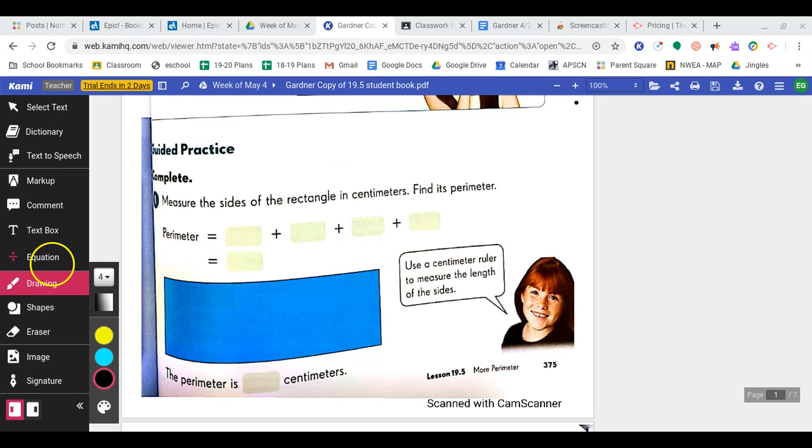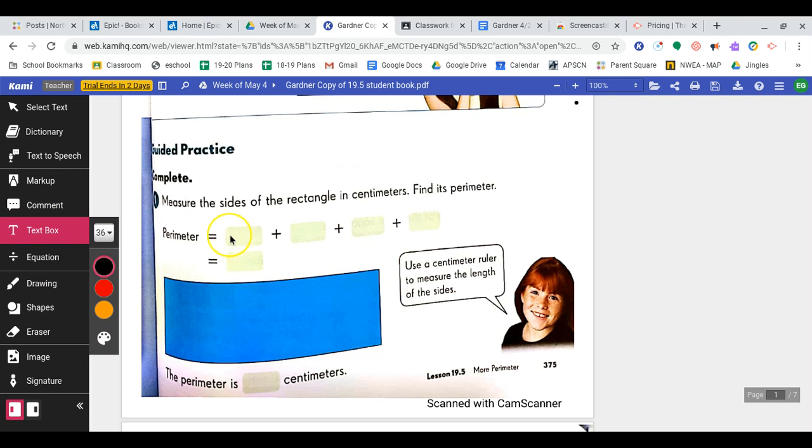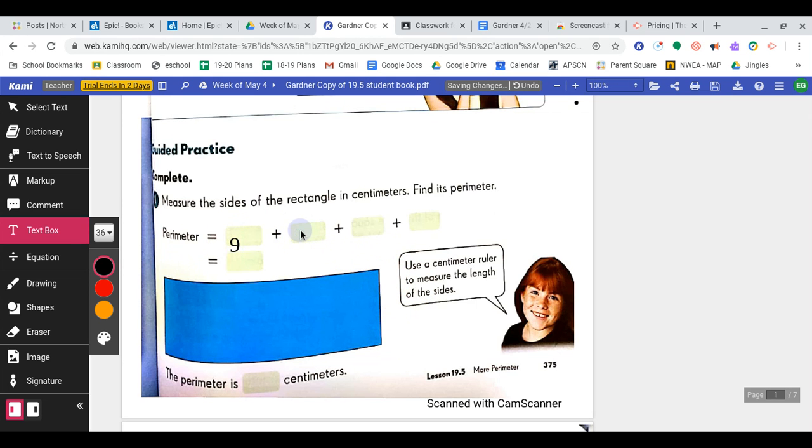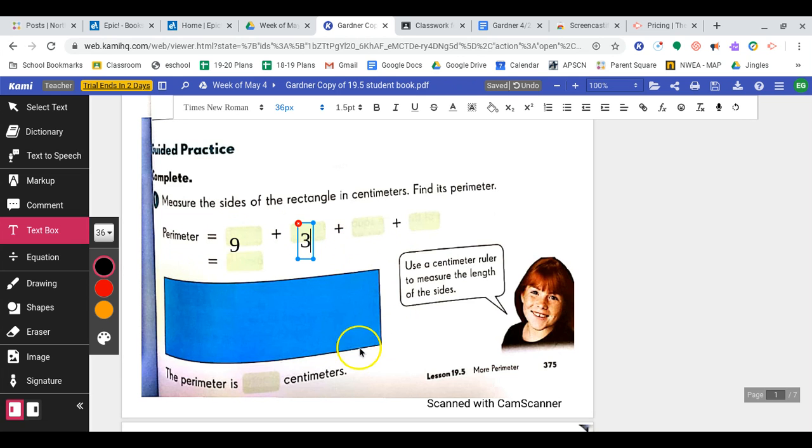Okay, so I'll go ahead and write it in. Hopefully you do have some way to measure though. The first side, the long side here, is 9 centimeters. Next, the short side here is 3 centimeters. The other two are equal to the one that it's parallel with.